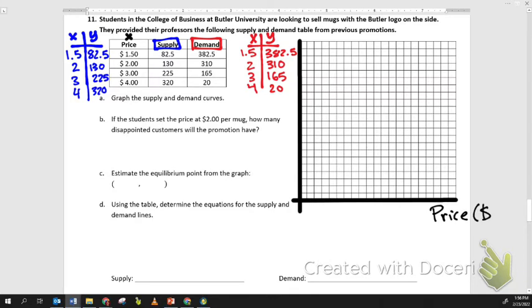That's my money, my dollars. And my Y values are the number of mugs that are supplied and demanded. So those will be my number of mugs on the left. But when I look at my prices, I don't go any higher than 4, and so I'll just go up to about $5.